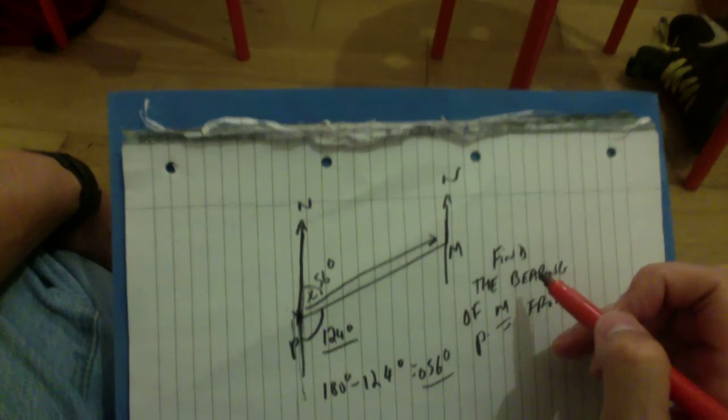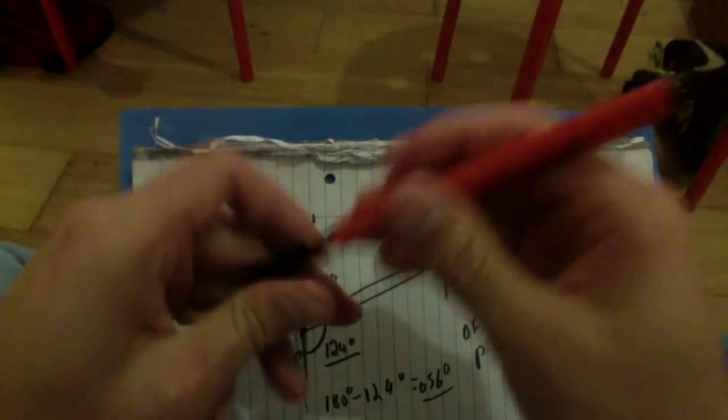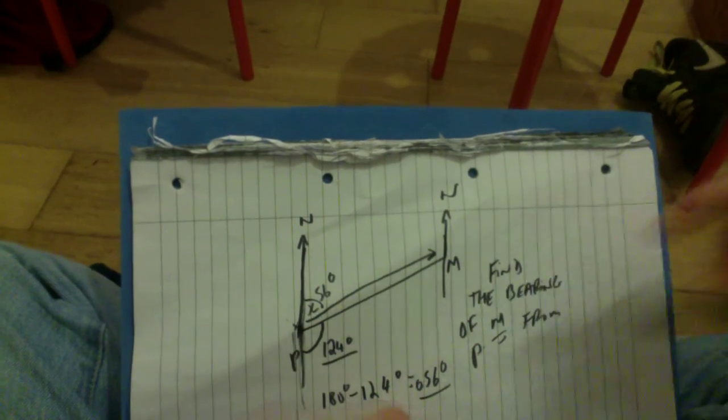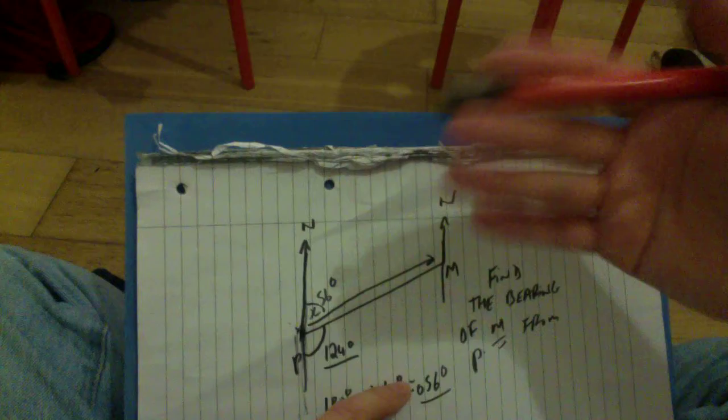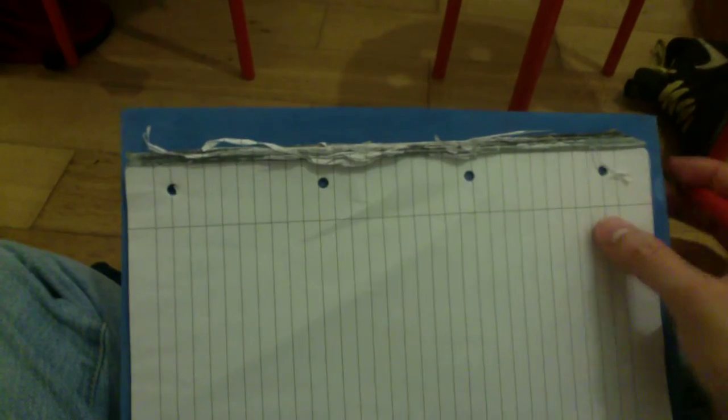So the bearing of M from P is 56 degrees. The angle of direction you need to travel from P to M is 56 degrees.